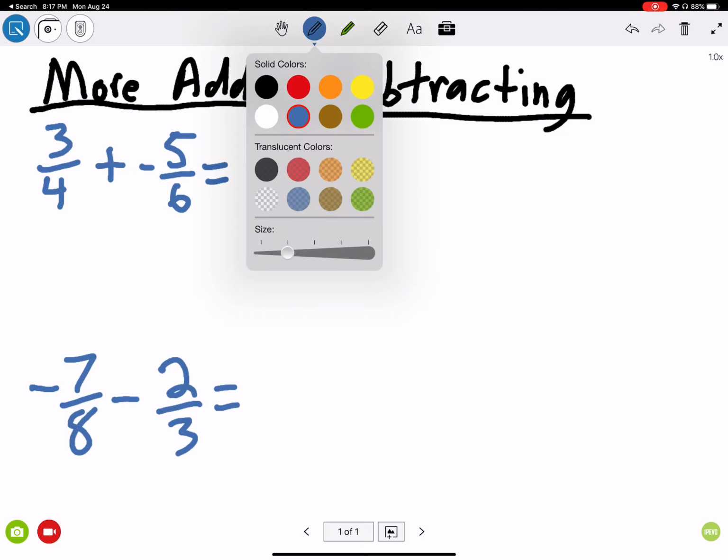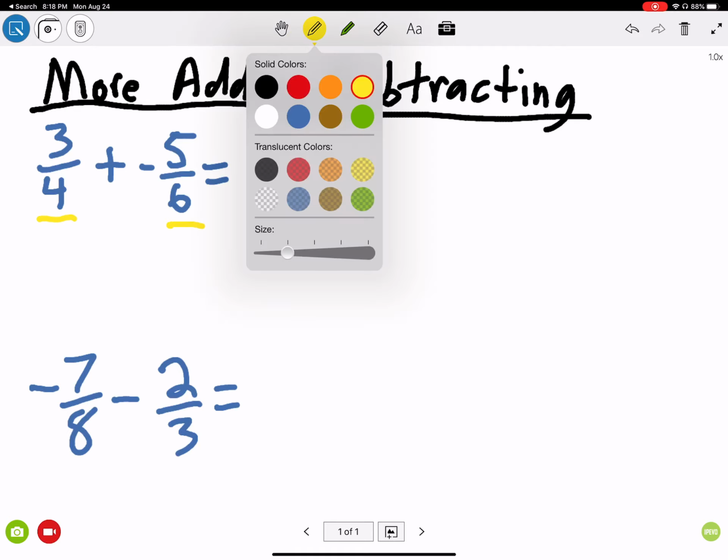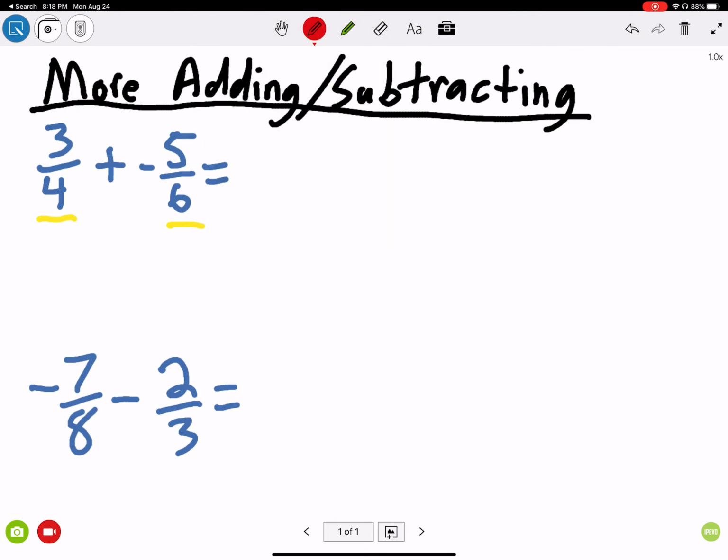If I have a denominator of 4 and a denominator of 6, what is a common denominator that I can use? Good, 12. So let's do that. So 3/4 is the same thing as how many twelfths?